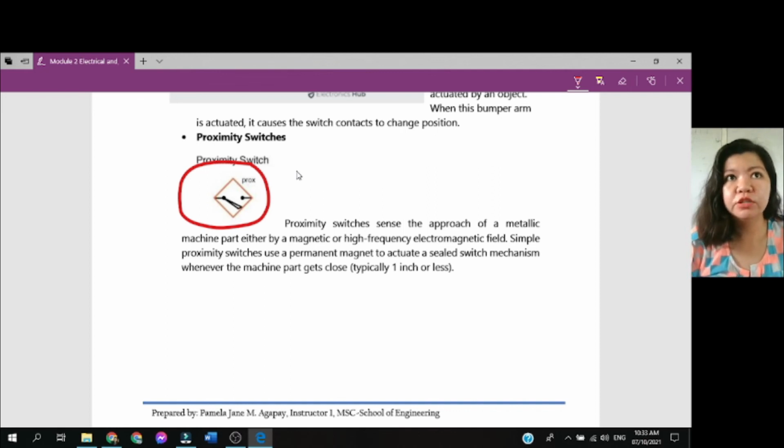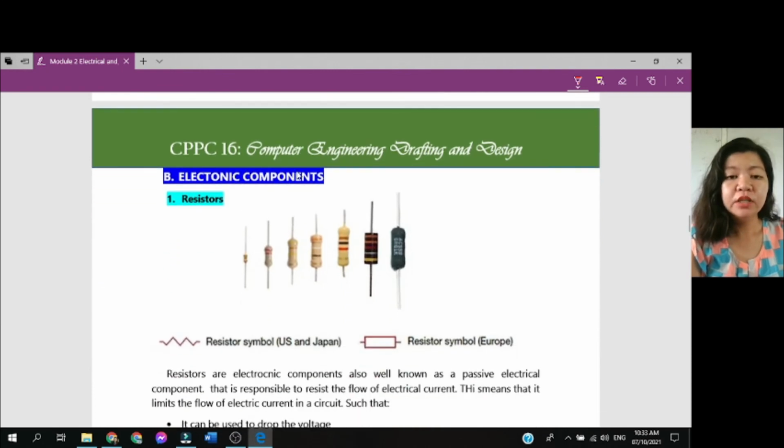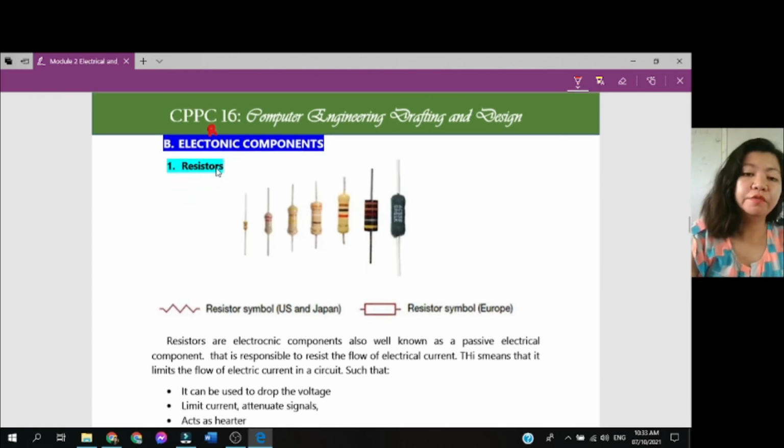So siya yung hindi manual. Actually, manual pa rin siya in the type na machine yung nagpo-push sa kanya. Pero siya ay triggered by, if malapit na yung machine, it will be triggered by the magnets and it will cause a change in the switch. So, sorry, this one should be electronic. So let's go into the electronic group of components.